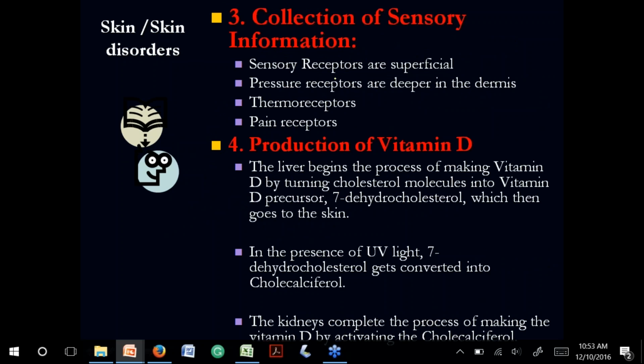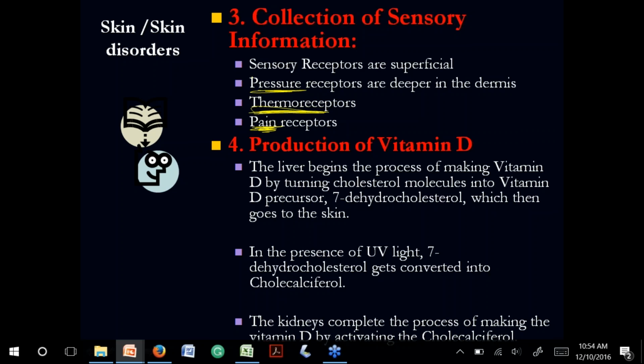Another thing is that it collects sensory information. So we have pain receptors. Remember the afferent and the efferent. The afferent is going to be in contact with the pain receptors. Thermoreceptors, the same thing. When you have heat, you can actually have pain too, so there is an association of the thermoreceptors with the pain receptors.